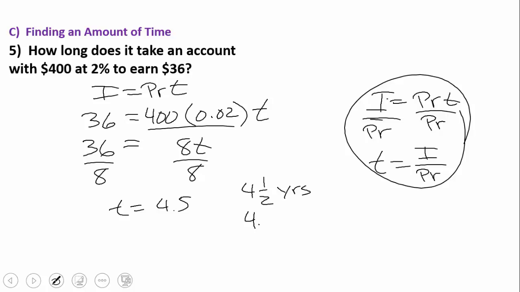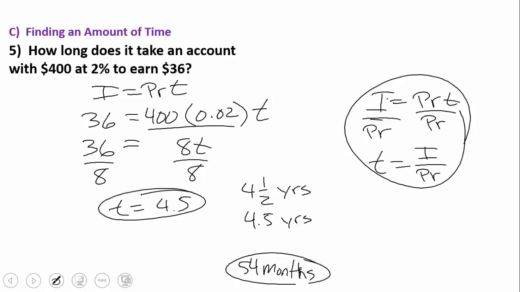If I convert it into months, which I don't want to do, I would multiply it by 12, and that would be 54 months. So if you had something that ended up being 54 months, you divide that by 12 and get 4.5. So 4.5 years is the answer.